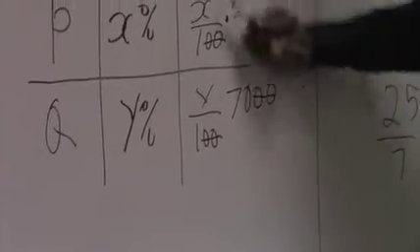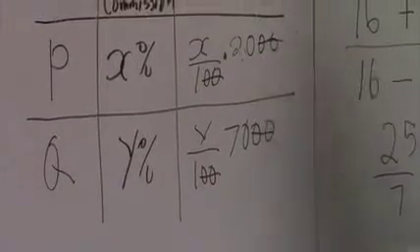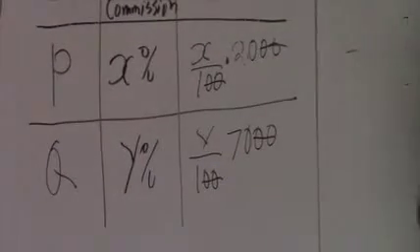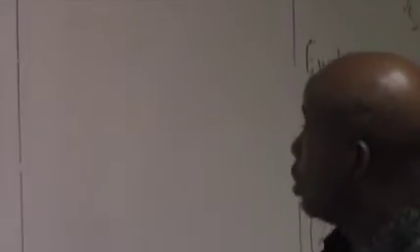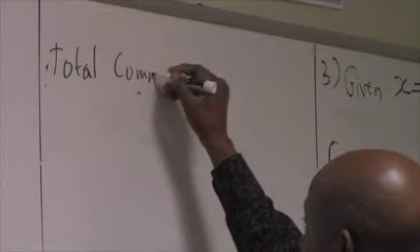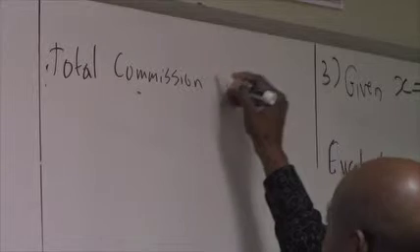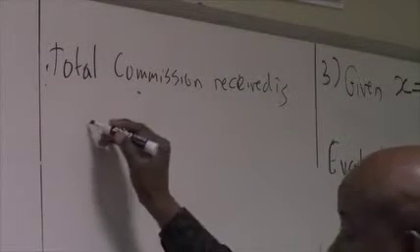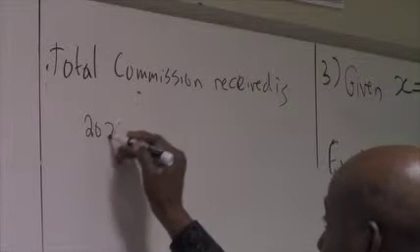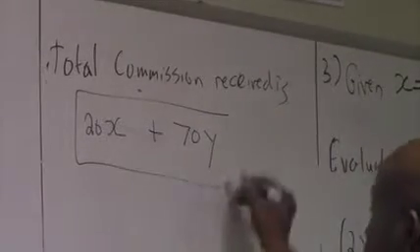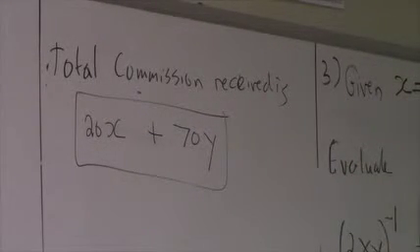Just 2 of the zeros will cancel. To find the total commission that the agent received, we must add the commissions. So the total commission received is basically 20x plus 70y. That's kind of easy, a very basic process.